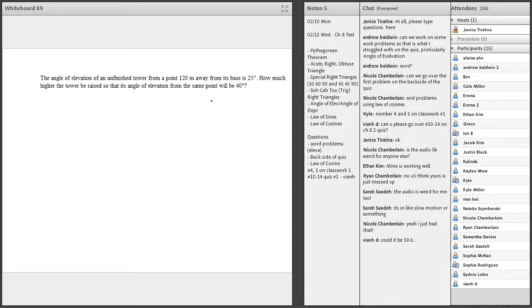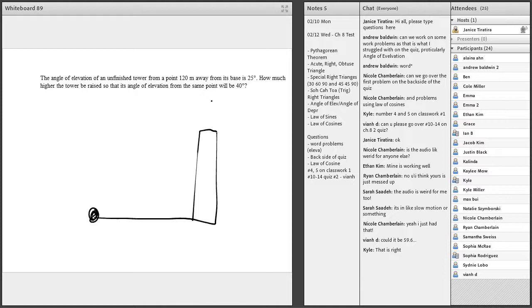Okay, here is an unfinished tower. So this could keep getting higher, okay? So the angle of elevation from a point 120 meters away. So let's say this is 120 meters away. This is the tower.